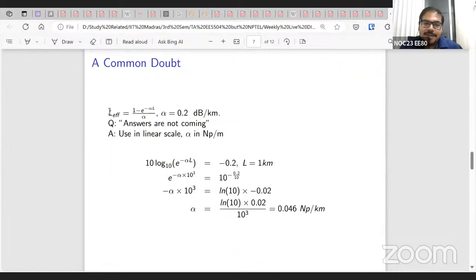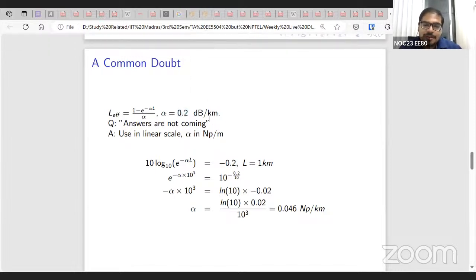Yeah, so this question was asked multiple times last week also, this week also. L effective was defined as this equation, and alpha is given either as this 0.2 dB per kilometer, or in one question they're using some other value instead of 0.2. The only mistake you are making is that alpha you have to express in linear scale.